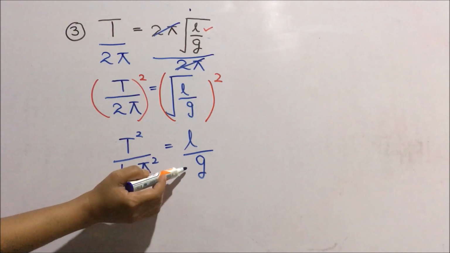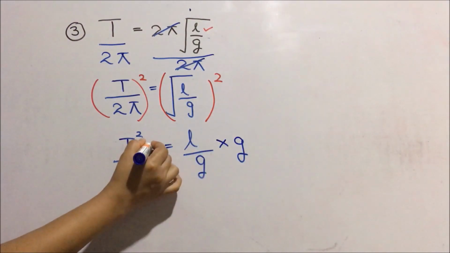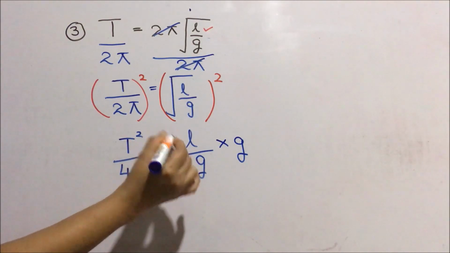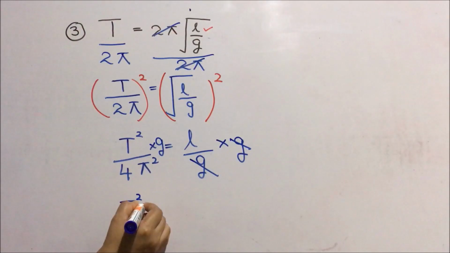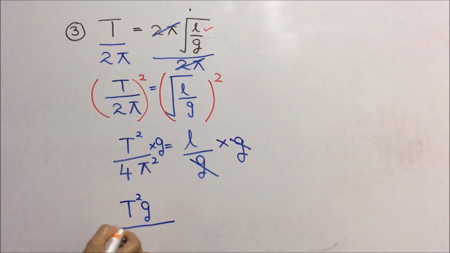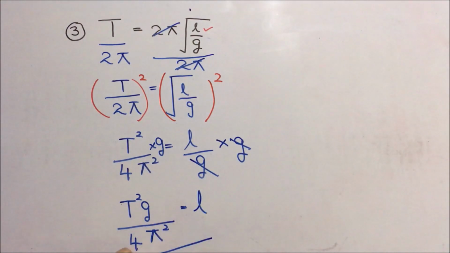The opposite of division is multiplication. Multiply both sides by G. So then T squared G divided by 4π squared equals L.